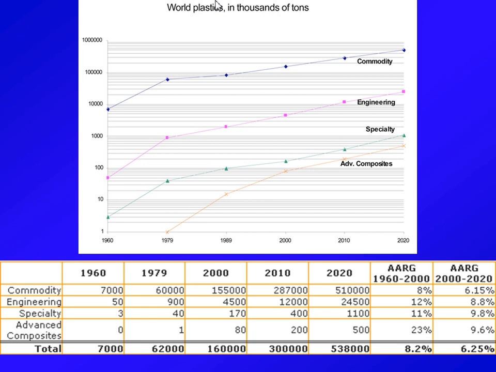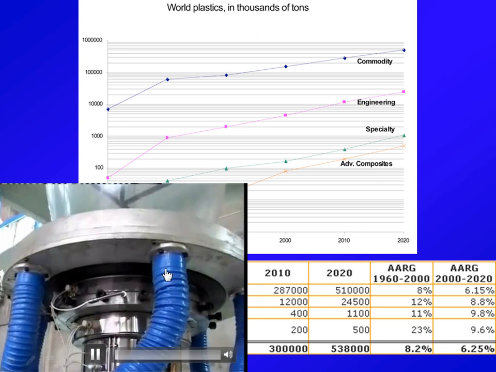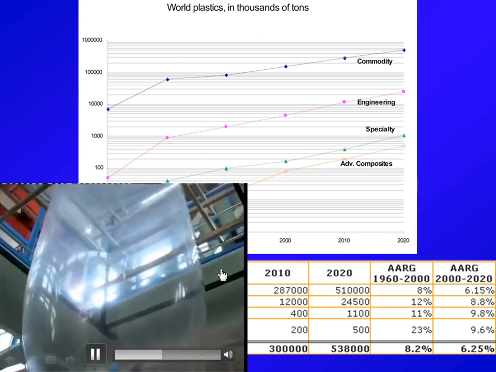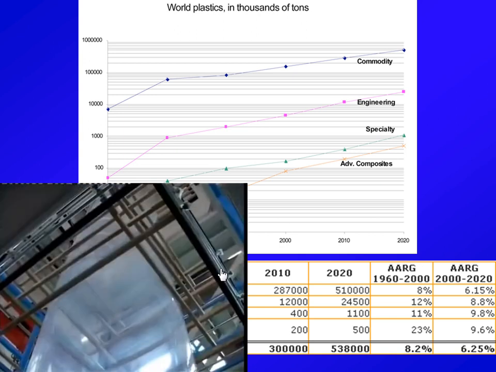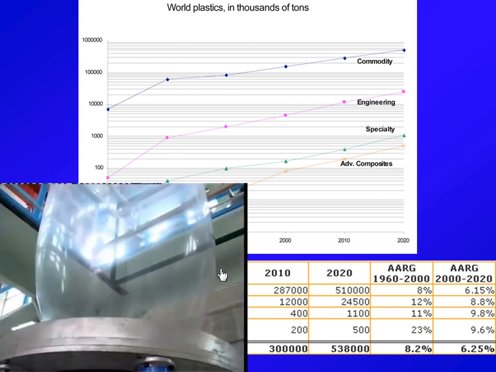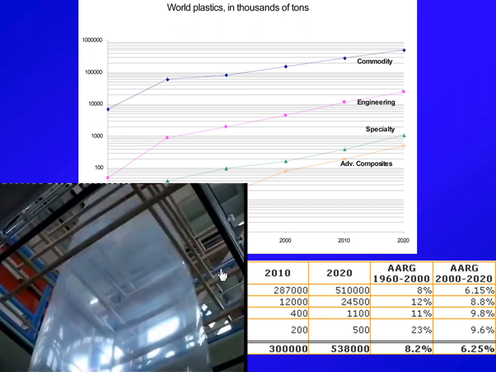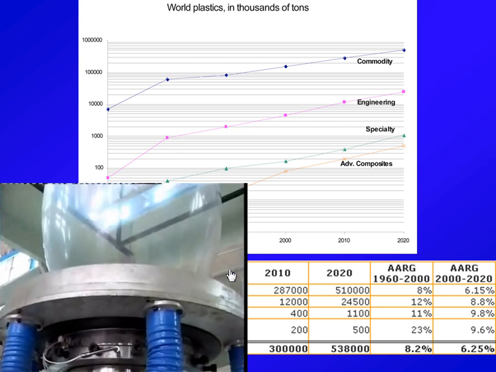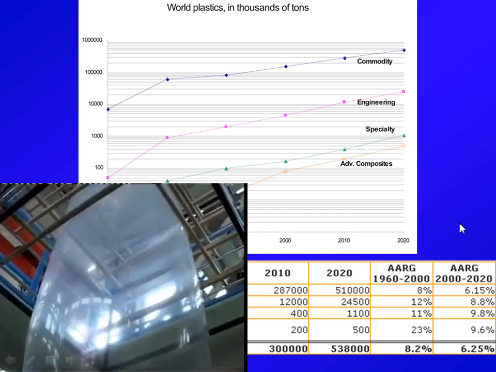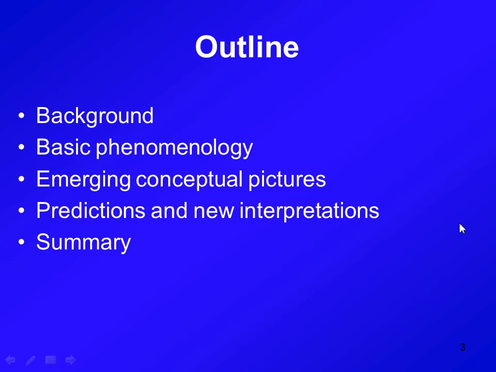And they are still growing according to the chart, the projection, and that gives you a sense of why it's such a big scale. The shopping bag you use, the lunch bag you use, the package, look at this. Many stories high, you're blowing film out of polyethylene, for example, like this.